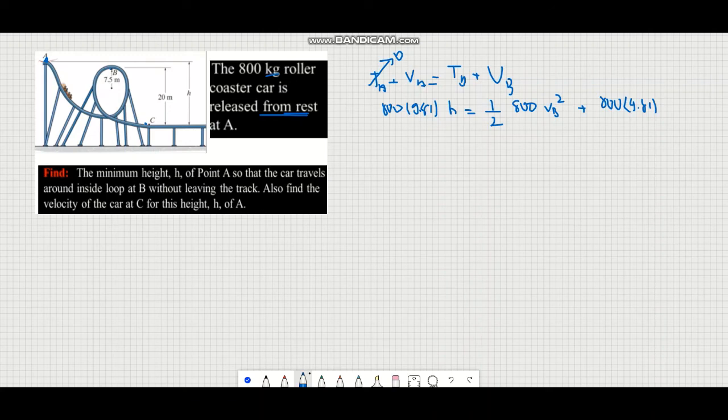This is h, so it decreases from here, so we can say 20, same thing.